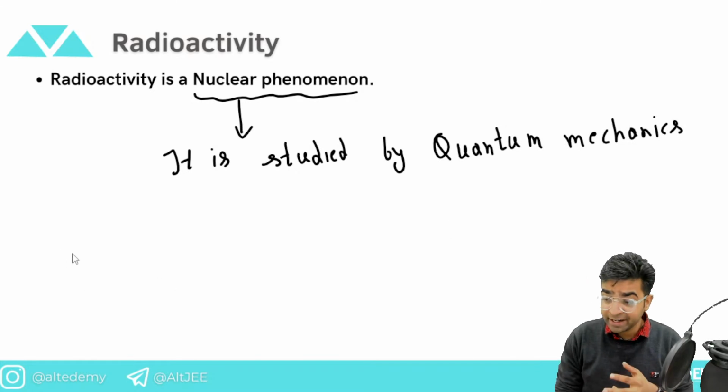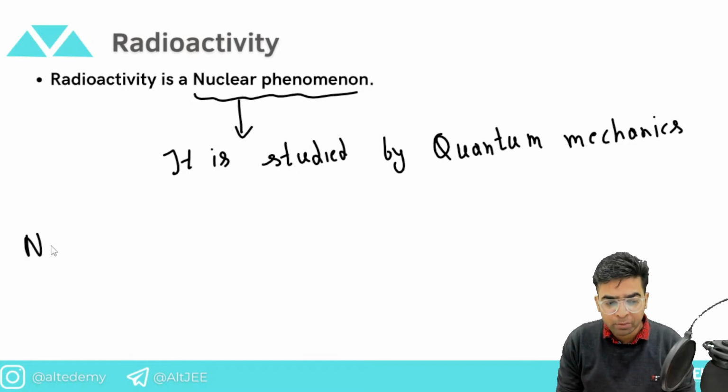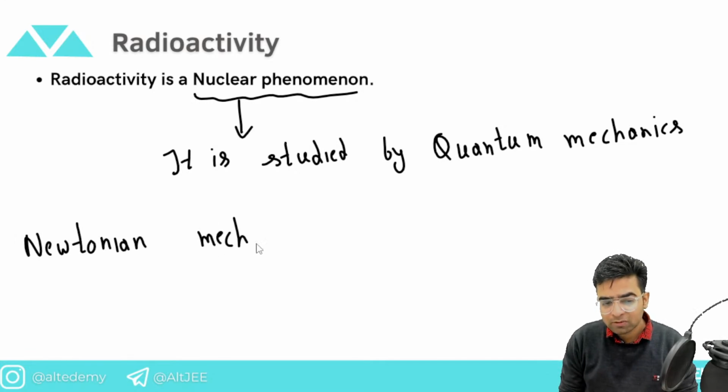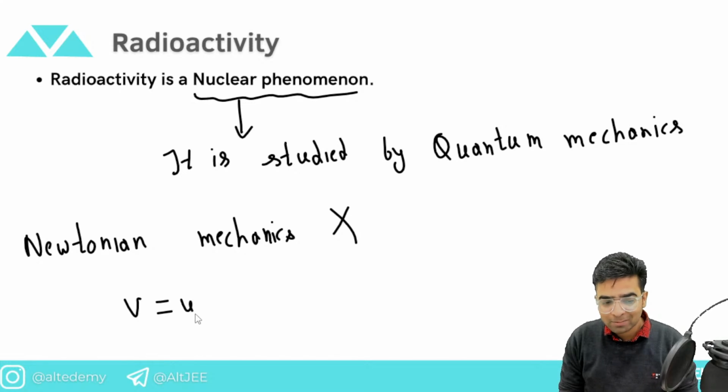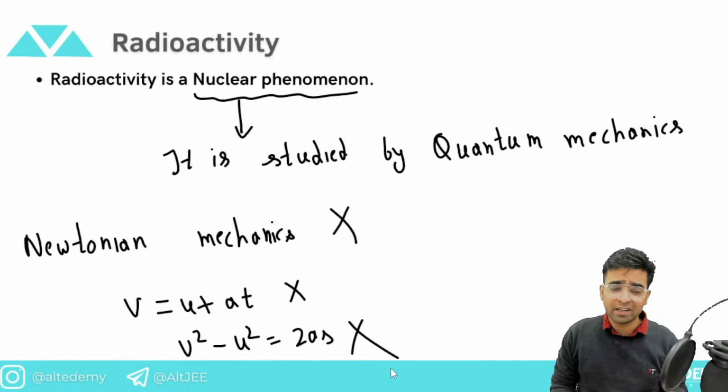Here Newtonian mechanics fails. You can't apply v = u + at, and you can't apply v² − u² = 2as. These types of things fail.